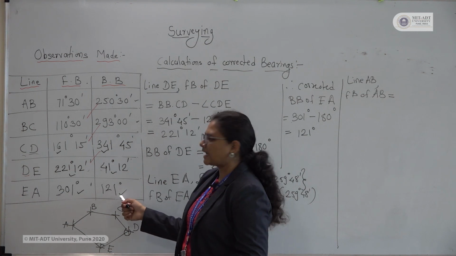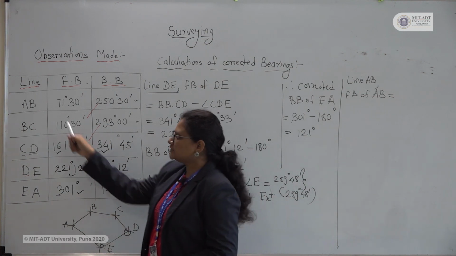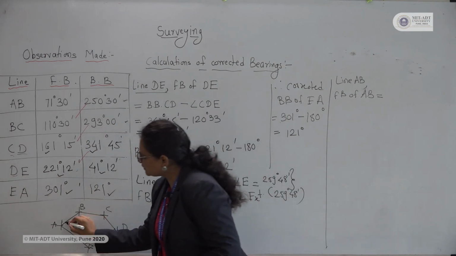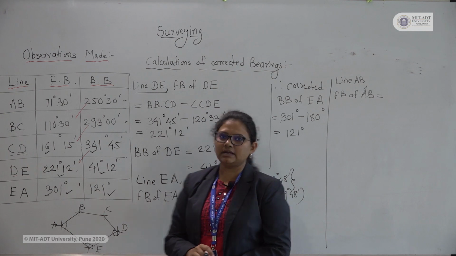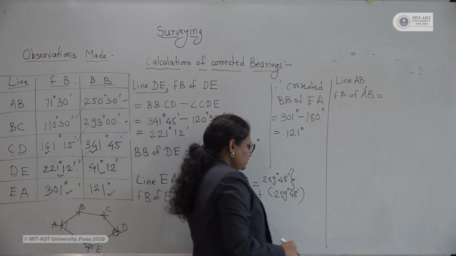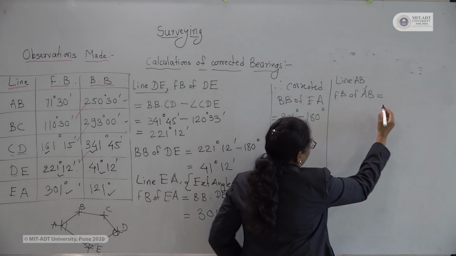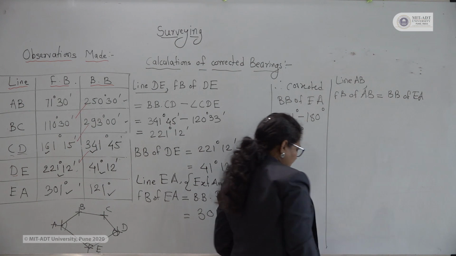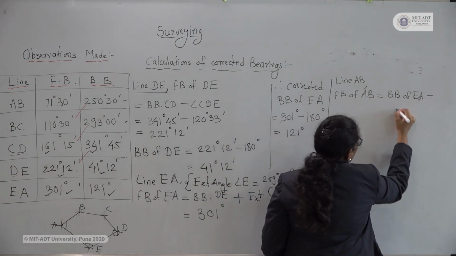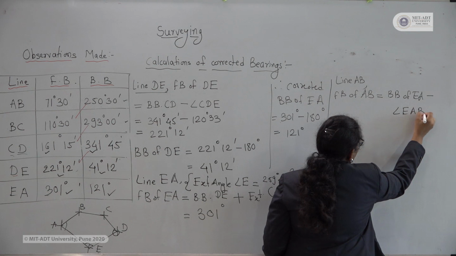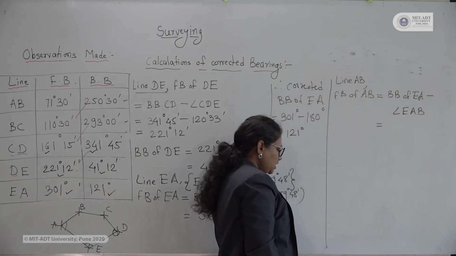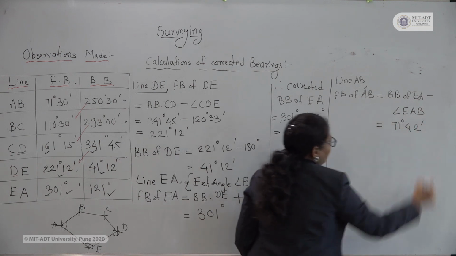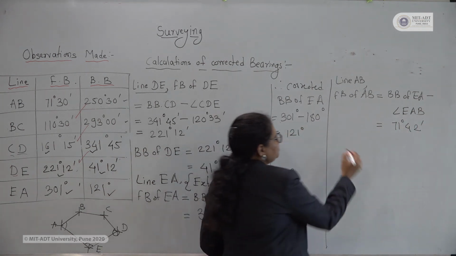We have to take the back bearing of EA and the angle which is included at point A. So, our first step: the fore bearing of AB will be equal to the back bearing of EA, and we have to subtract the angle EAB. By putting the values you will get the answer as 71 degree and 42 minutes.